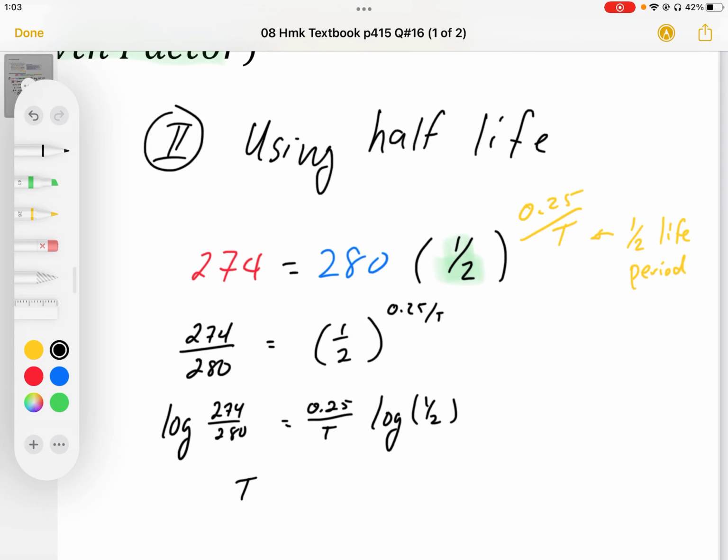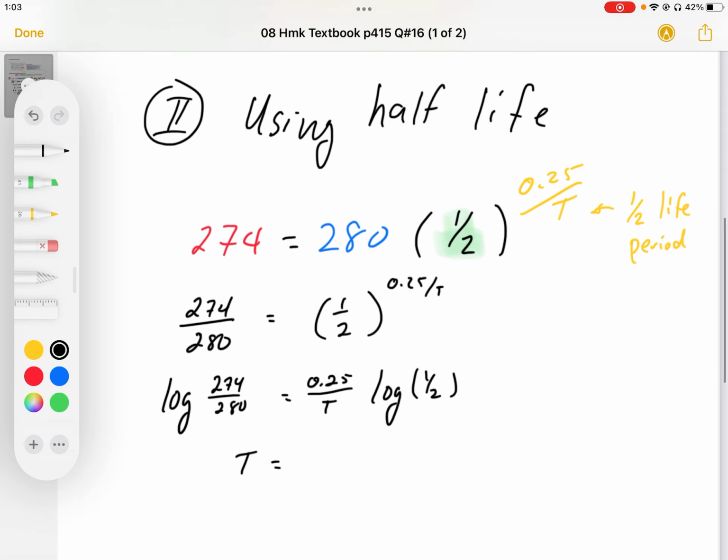Solving for t, that's the half-life period, or how long it takes to get to one half-life. So I get 0.25 log 1/2 all over log of 274 over 280, and that's again equal to about 8 days.